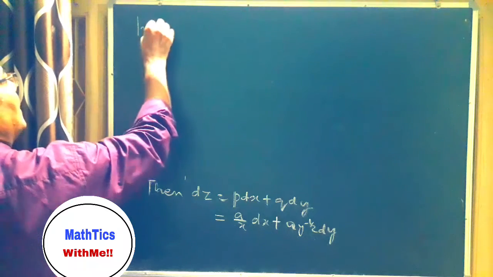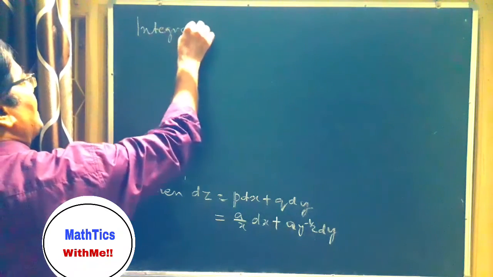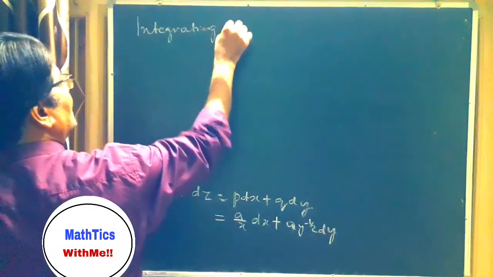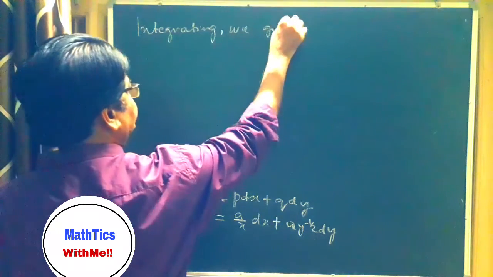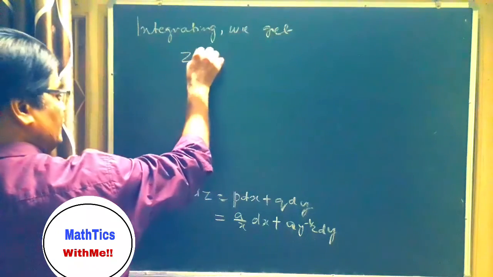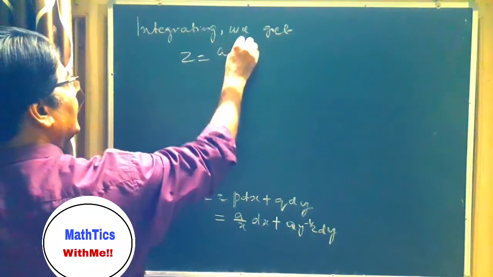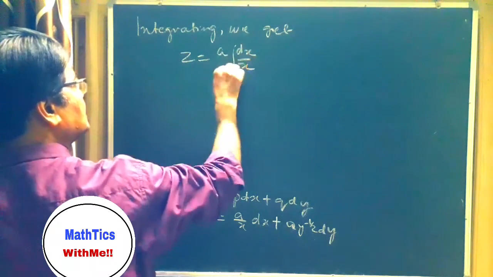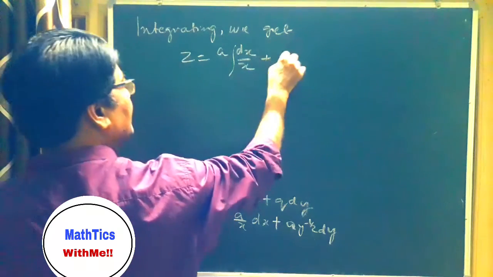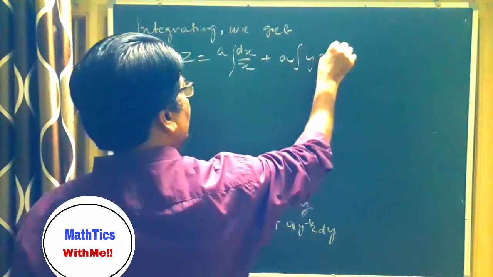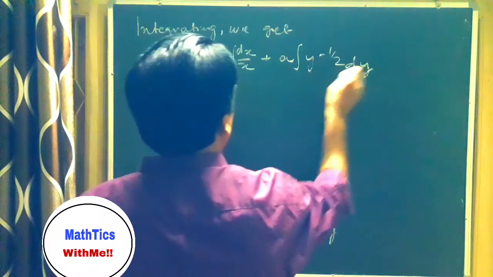Integrating, we get z is equal to a integral of dx by x plus a integral of y to the power minus half dy.